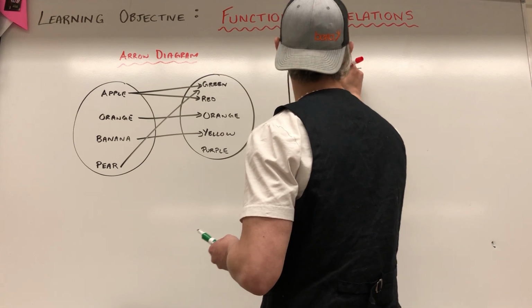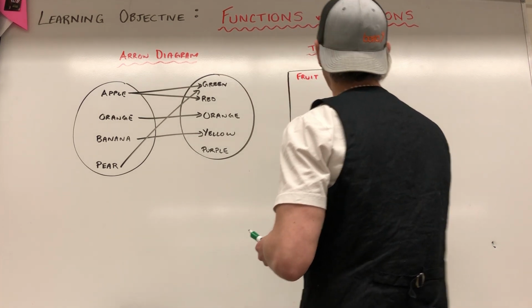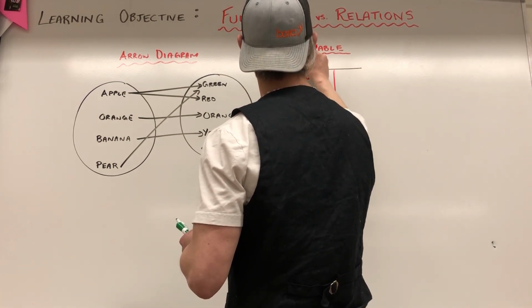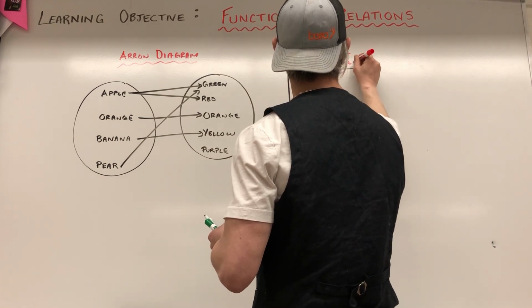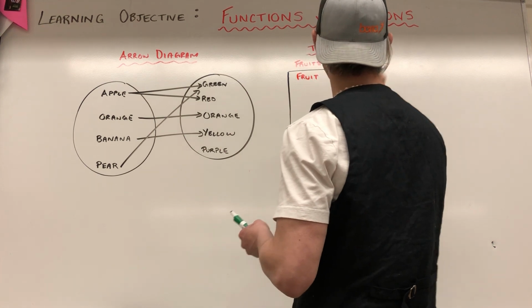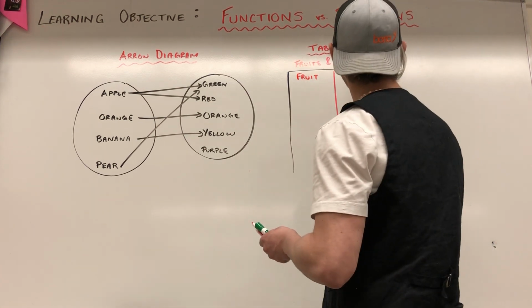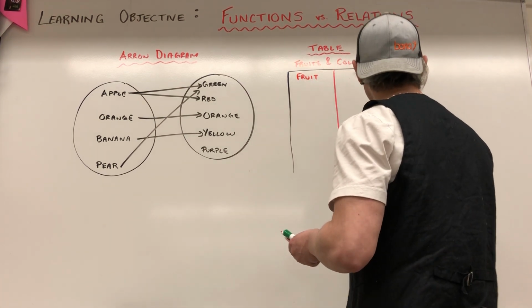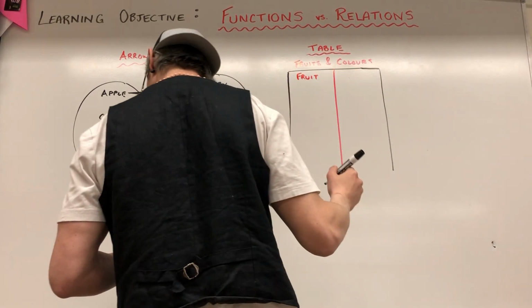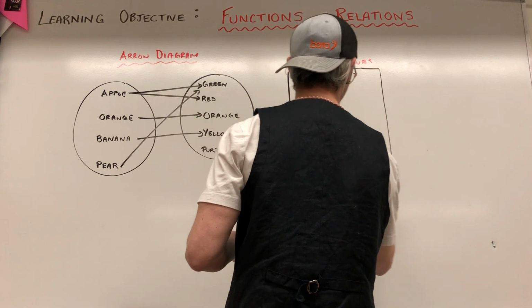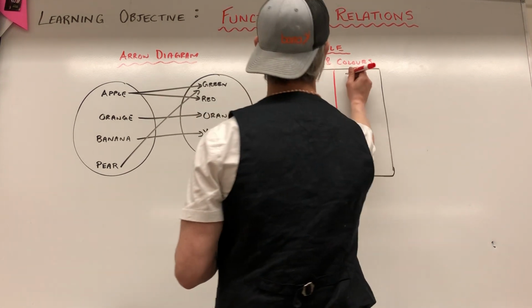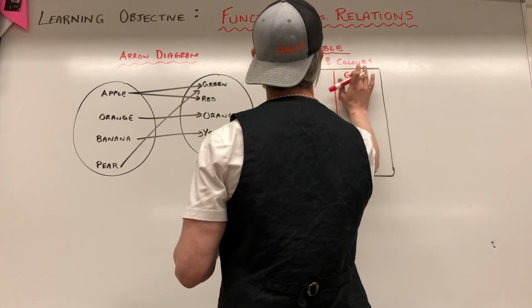Every table should have a title, so this is fruits and colors. Every table should have a title, without fail. My second column is going to be color.